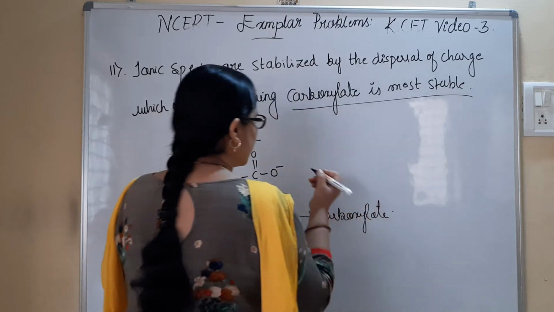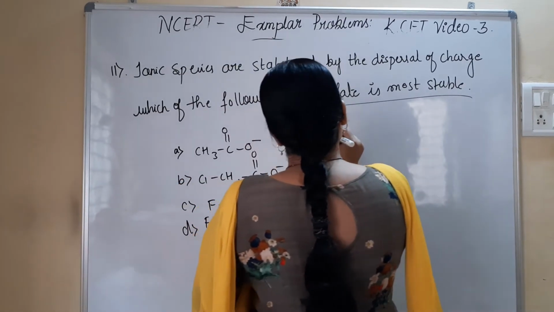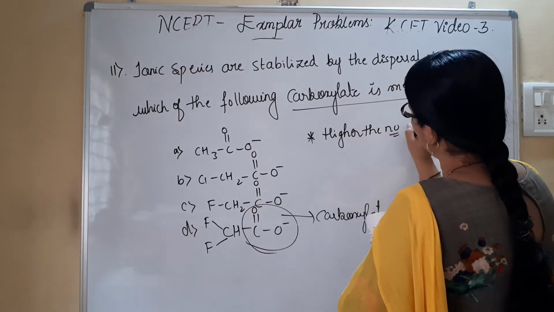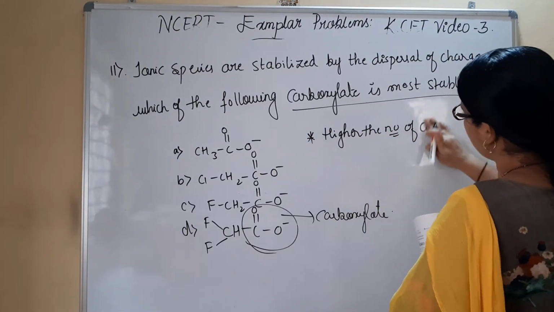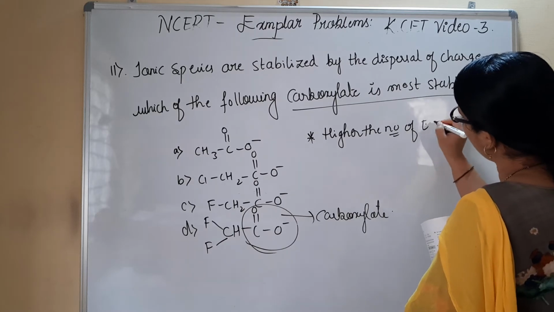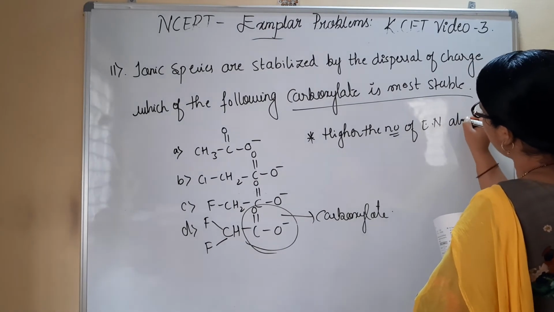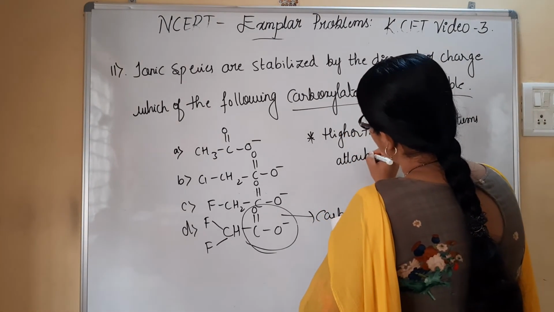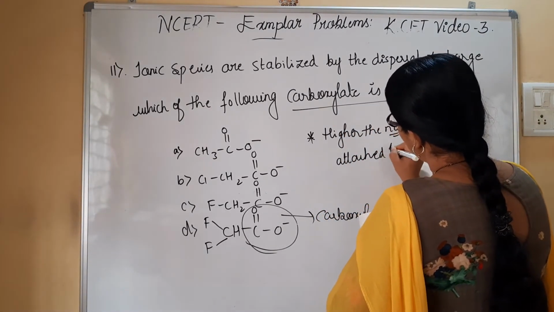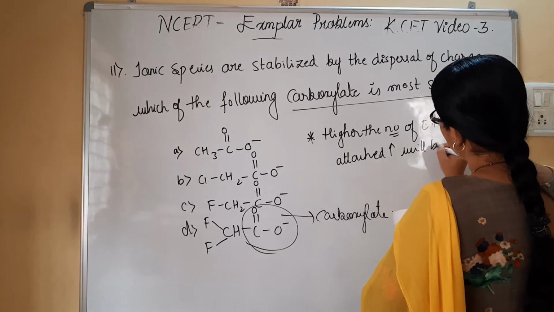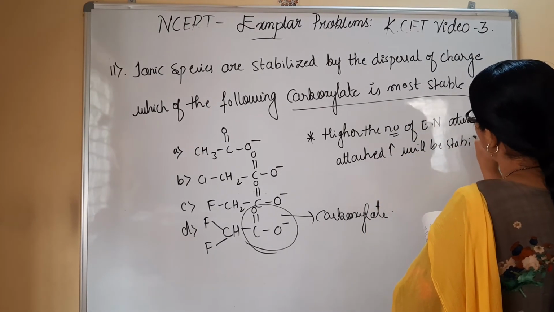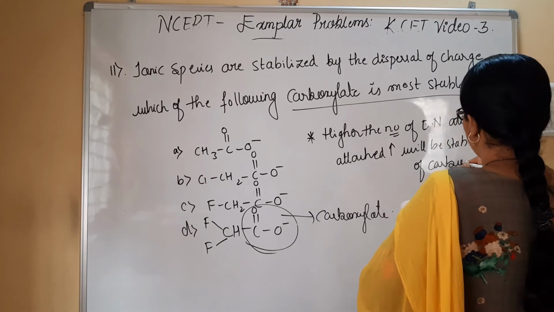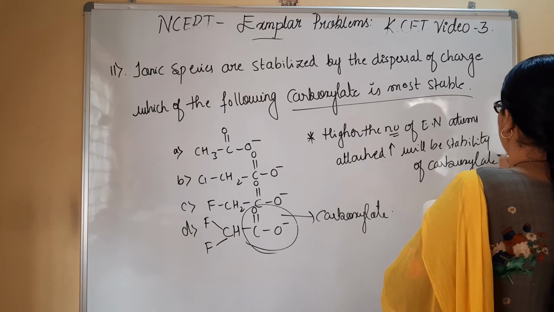So the conclusion I must write here. Conclusion is, higher the number of electronegative atoms attached, higher will be the stability of carboxylate ion.